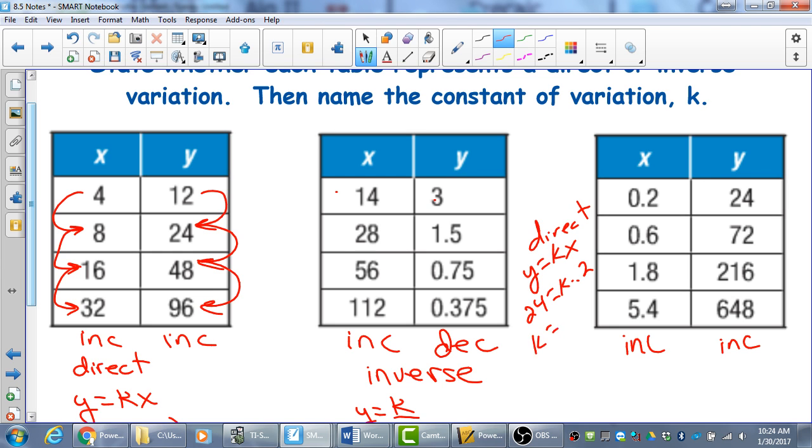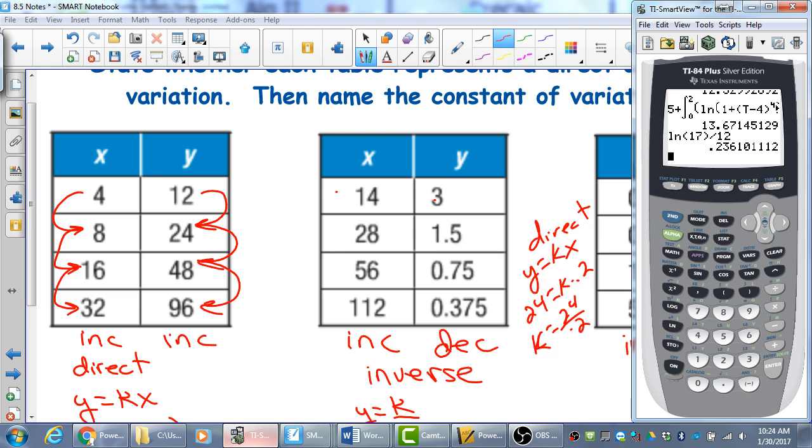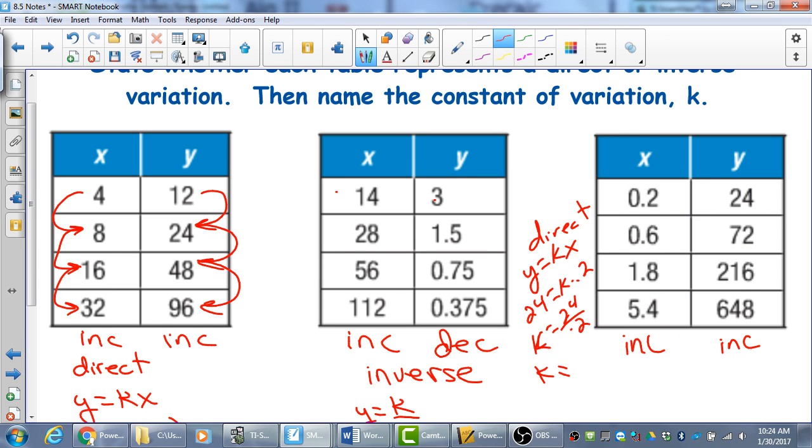So k is 24 divided by 0.2, whatever that is. 120. So k in this case is 120. Now, no matter which one you pick, k should be 120, or it's not actually a direct or inverse relationship.